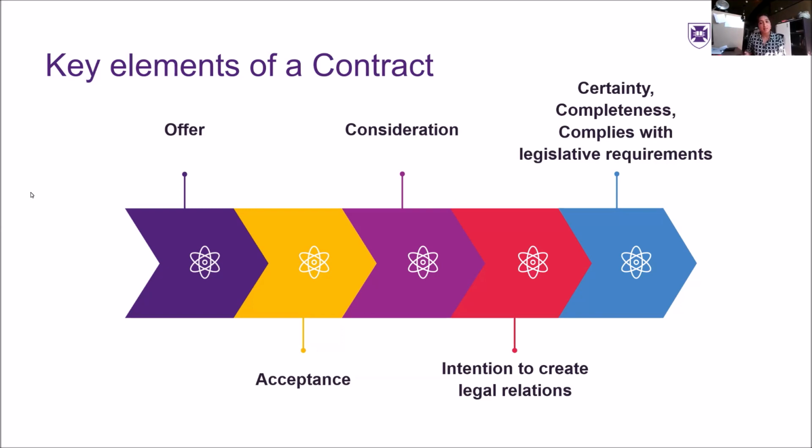But as we go through the next slides, I'm going to explain each of the elements individually and what they entail. If any of these elements happen to be missing from a contract, it can make a contract invalid and unenforceable. So again, I mean that the courts will not enforce it, and therefore it is important that we understand each of these elements.